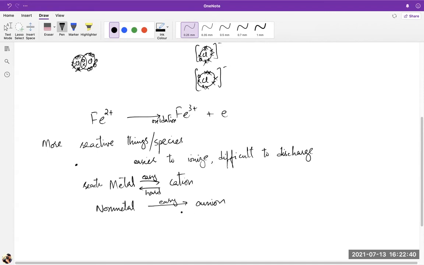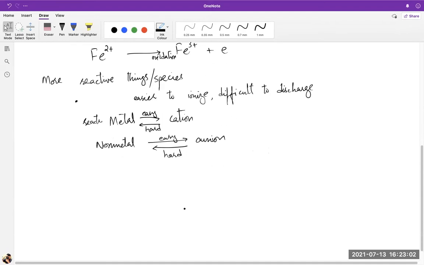That's easy, which means it requires less energy, but it is hard to convert it back to a non-metal because that is difficult. Okay, it requires more energy. So that is the idea here. More reactive things or species are easier to ionize, difficult to discharge. It doesn't matter what ion you're going to make. If it is more reactive, it will do it faster than the other.